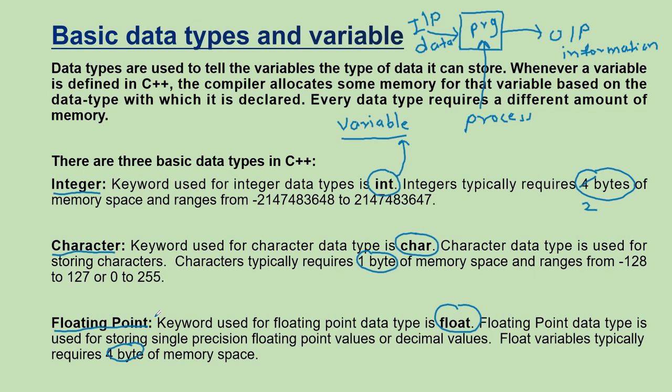A variable is used to store this data, and data can be integer type, character type, or floating point. int is a keyword to create an int type of variable, char is a keyword to create a character type of variable, and float is a keyword used to create a float type of variable. Integer data will take 2 bytes of memory, character data will take 1 byte, and floating point data will take 4 bytes.